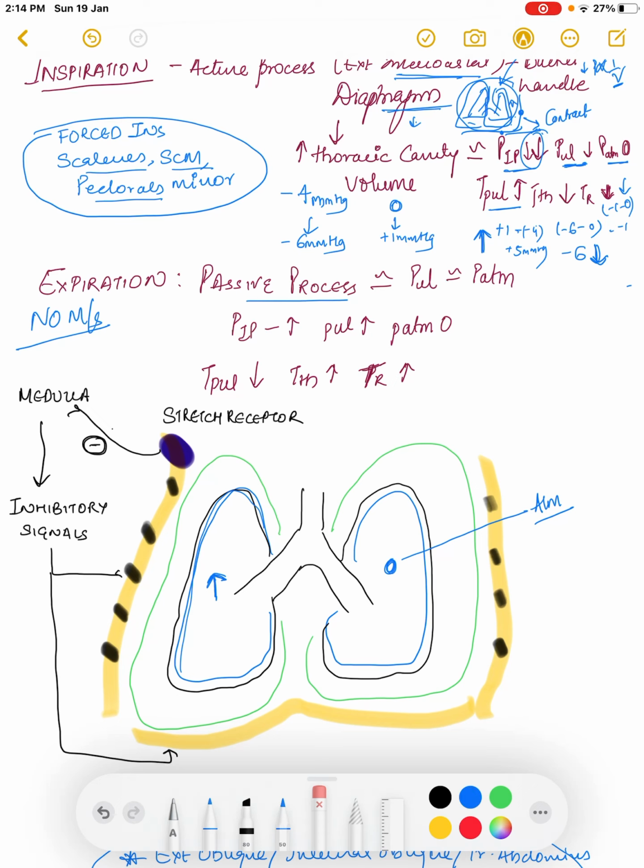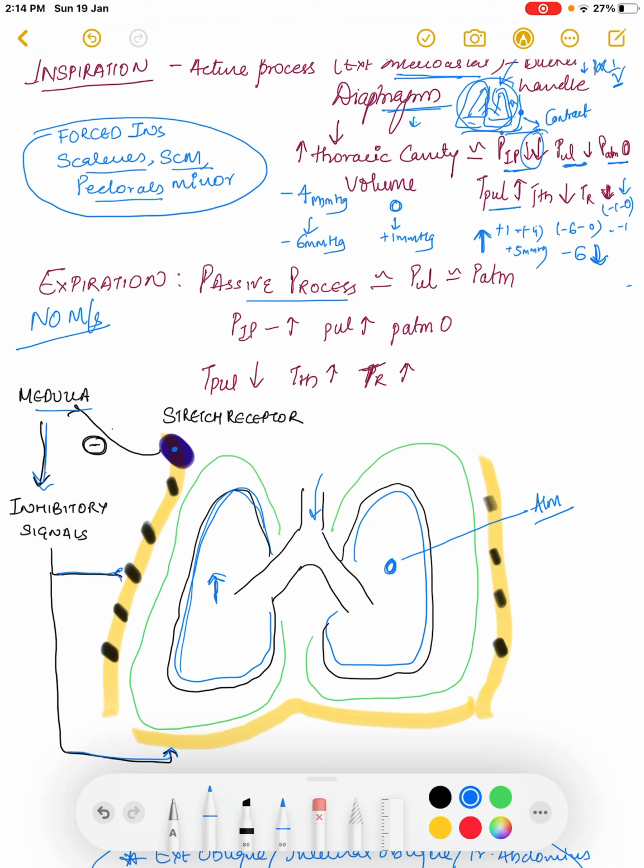Once this intrapulmonary pressure increases, because the air flows inside the lung, stretch receptors get activated, and they send a signal to the medulla. Now the medulla will send inhibitory signals to the external intercostal muscles and the diaphragm.